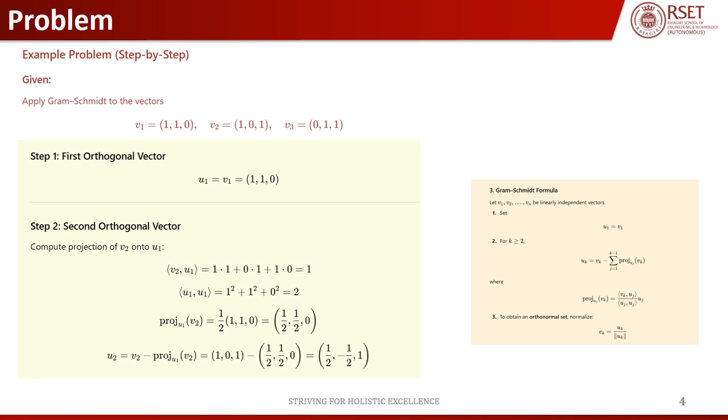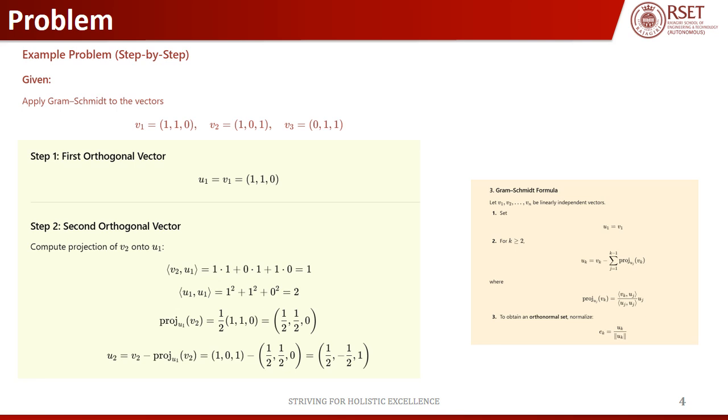For finding the projection vector, you can use the equation of projection. For that, you have to find the inner product of v2 and u1, which is 1, and the inner product of u1 with itself, which is 2. So the projection vector is 1 by 2 times (1, 1, 0), that is (1/2, 1/2, 0). If you subtract this projection vector from v2, you will get u2.